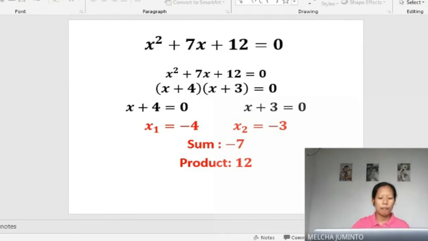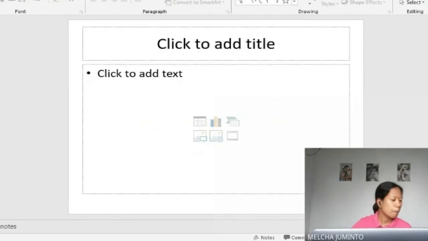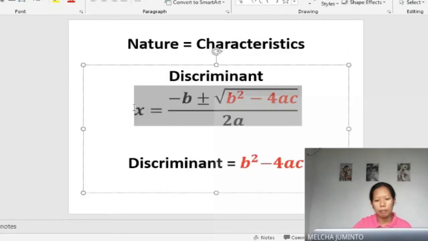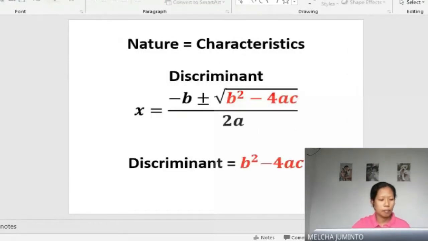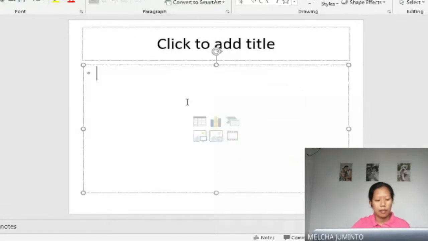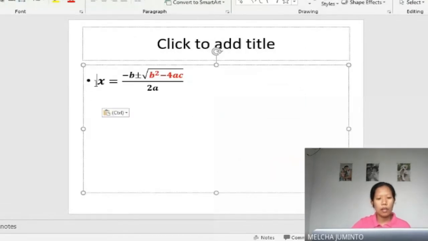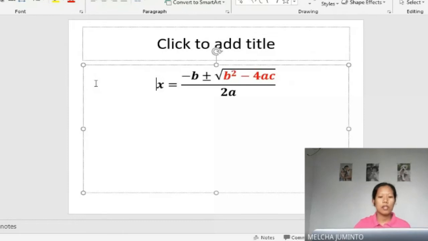The formula to find the sum and product will be based on the quadratic formula itself. So let us go back to the quadratic formula from the previous slide. It is negative b plus and minus the square root of b squared minus 4ac, all over 2a.